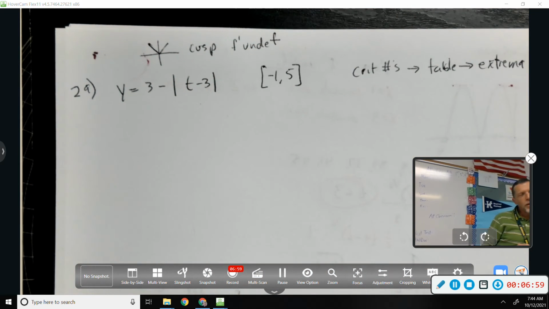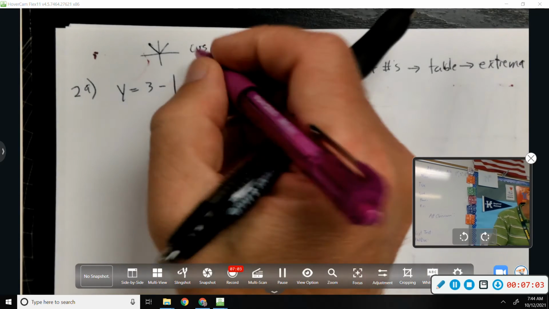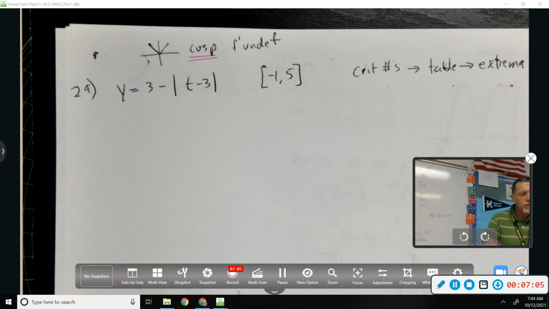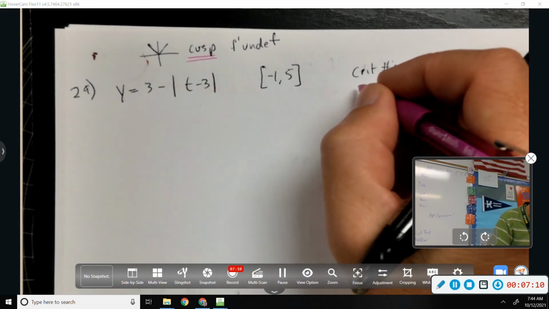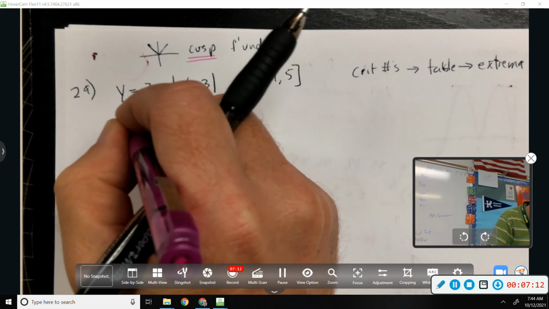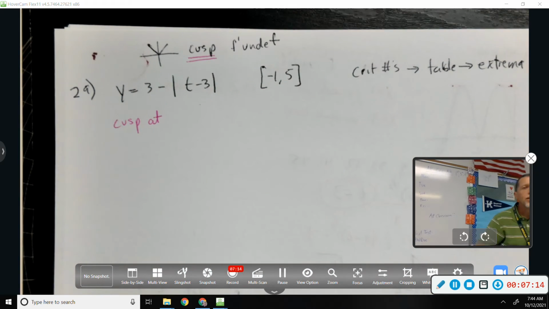So forget about taking a derivative and really even graphing this whole thing. If I can figure out where the cusp is, the only place where the derivative is 0 or undefined. So can we figure out where the cusp of this graph would be?